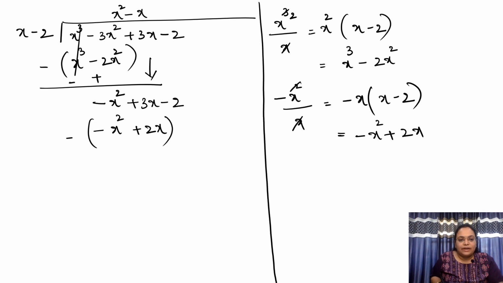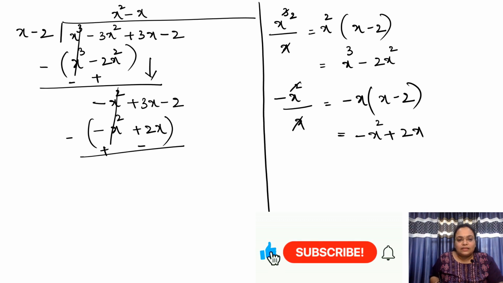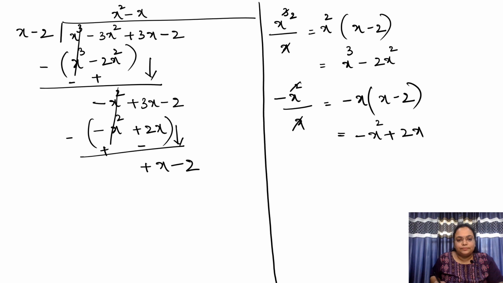When you subtract it, the minus term becomes plus and the plus term becomes minus. -x² and +x² get cancelled. This is +x and I get -2 here.